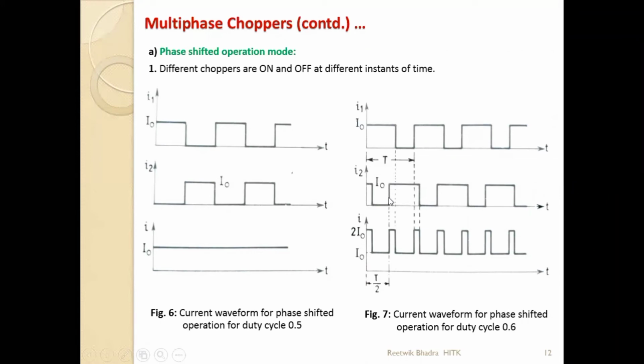That means for some period of time, from this dotted line to this dotted line, both CH1 and CH2 are on. But their on and off instants are different. Here CH2 is off because I2 is 0. Here I1 is on, so CH1 is on. So the on and off times are obviously different, but there can be two cases. The second case is when the duty cycle is greater than 0.5, and the first case is when the duty cycle is equal to 0.5.